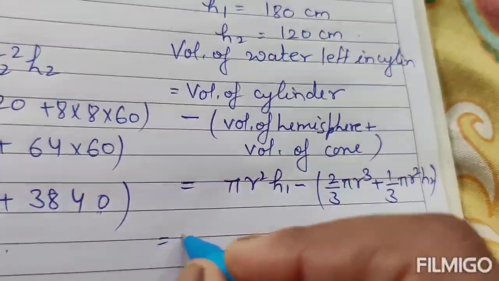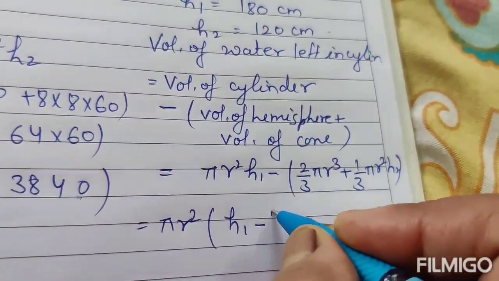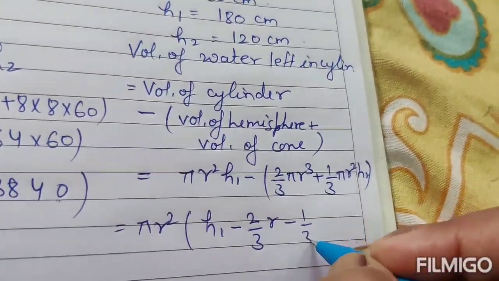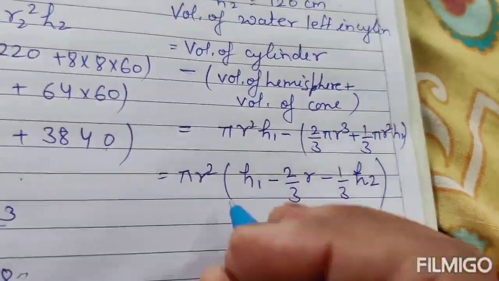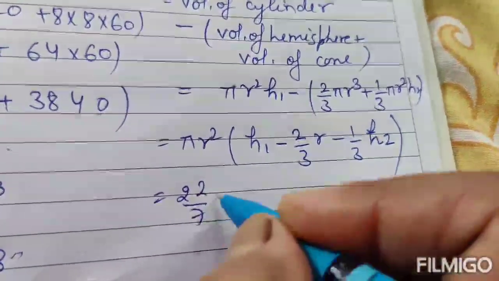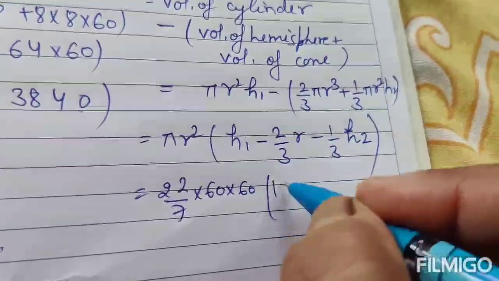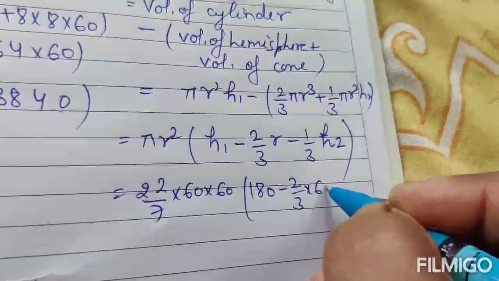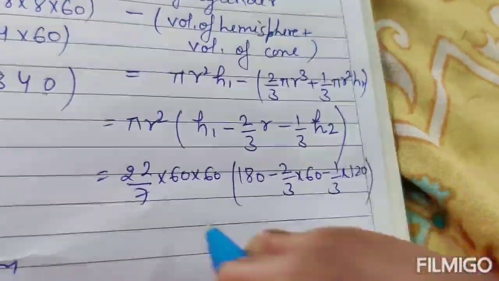Now taking common pi r square, we get h1 minus 2 by 3 r minus 1 by 3 h2. Now put the values: 22 by 7 into 60 into 60, and h1 is 180 minus 2 by 3 into 60 minus 1 by 3 into 120.